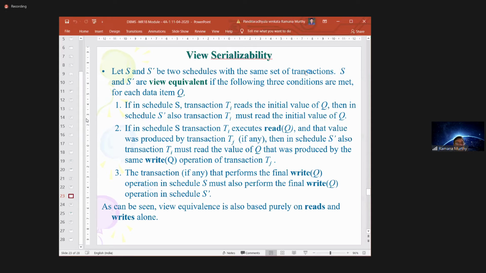Let us identify the schedules as S and S bar. If both schedules are view serializable, rule number 1: schedules S and S bar are both view serializable because both are getting the same result.